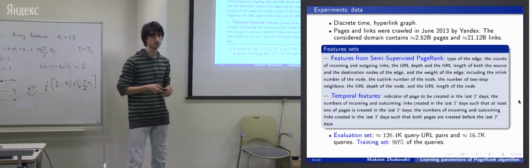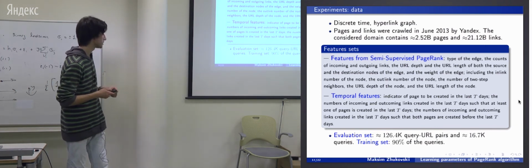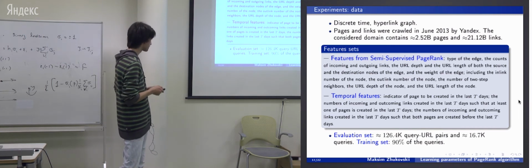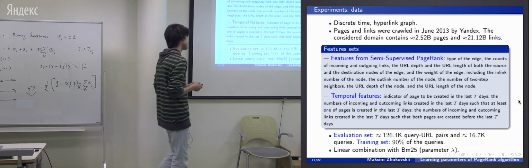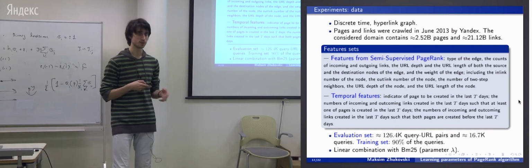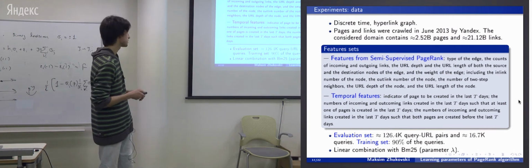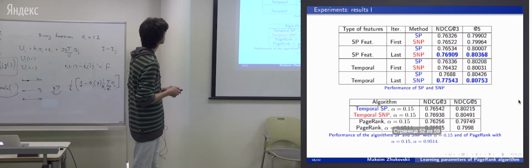And we choose 90% of the queries for our learning process. And we also use linear combination with BM25 to make our feature dynamic, to make it depend on a query.